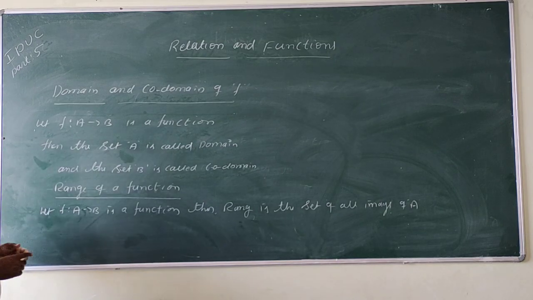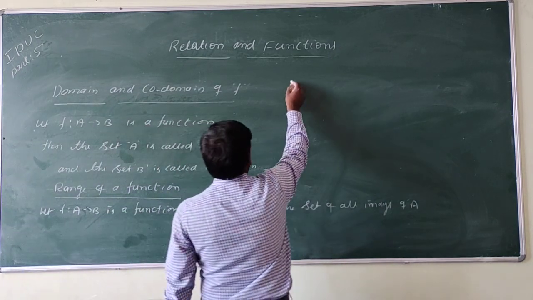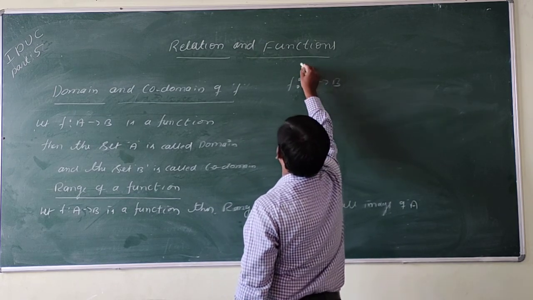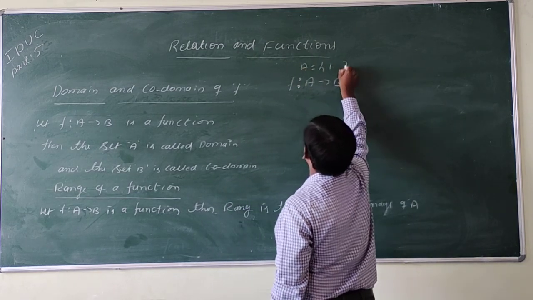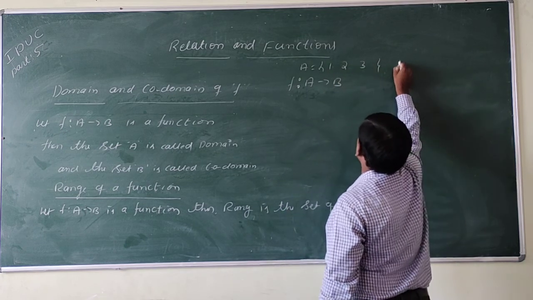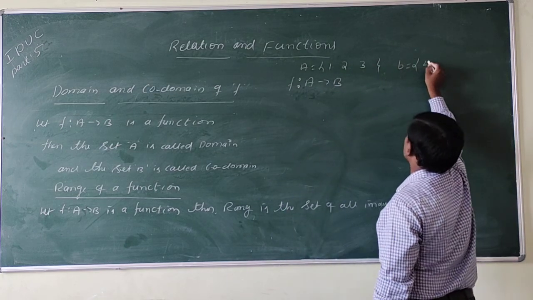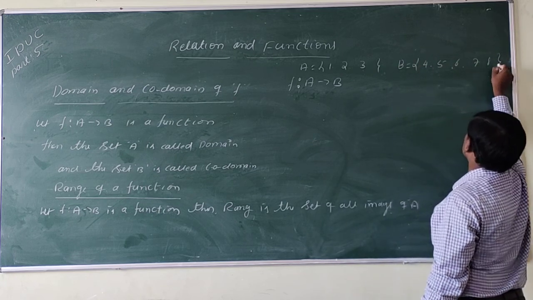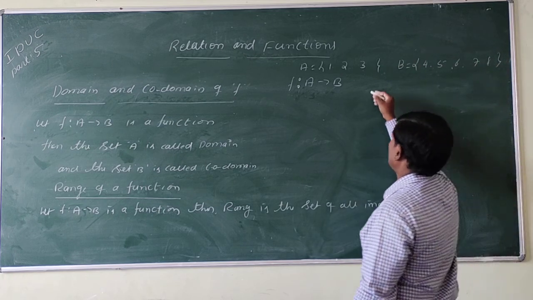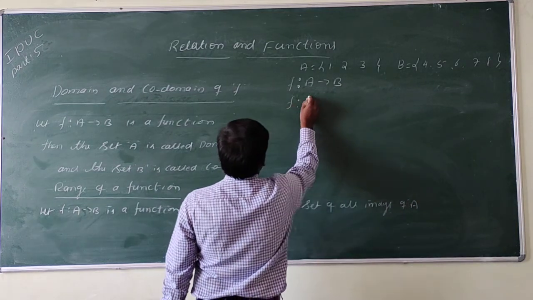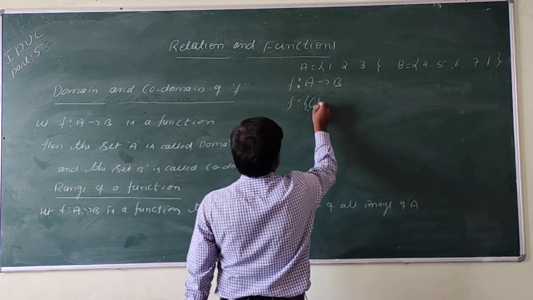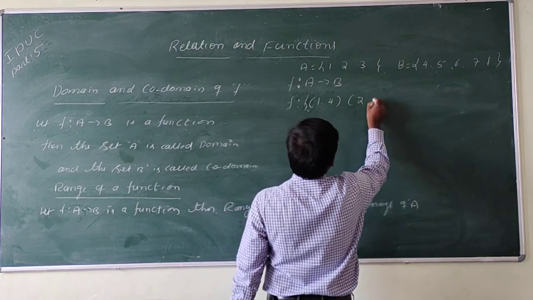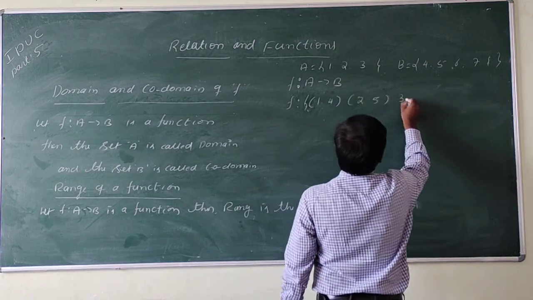Okay, suppose I am taking an example. Suppose f is mapping from A to B. Here A is 1, 2, 3, and B is 4, 5, 6, 7, 8. The function consists of the pairs 1, 4; 2, 5; 3, 8.